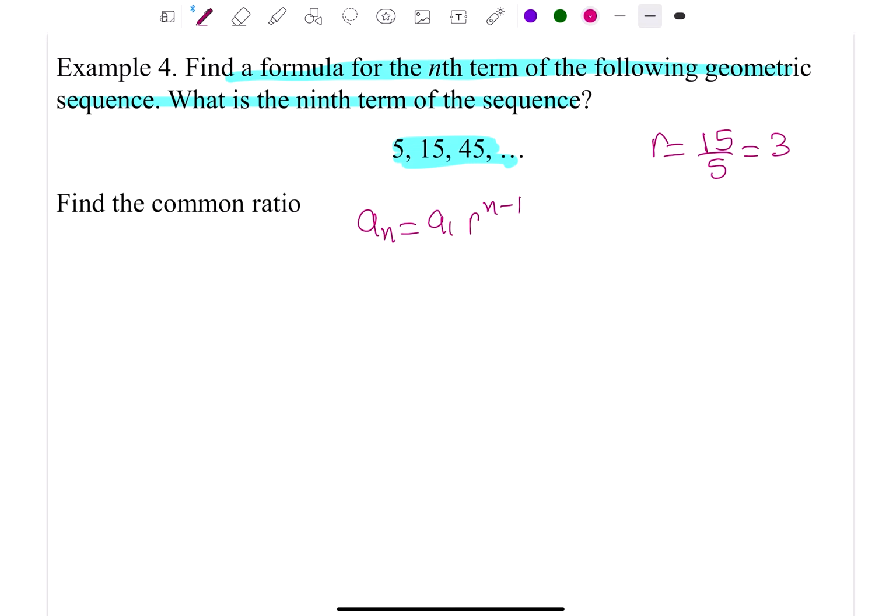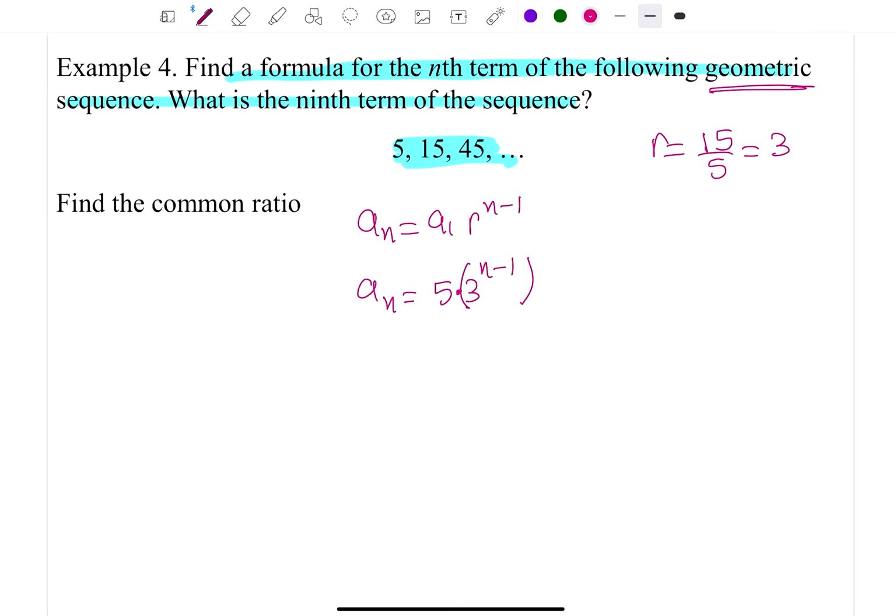We're given that this is a geometric sequence, so we don't need to check. So r is equal to 3. So the formula for the nth term would be a1, 3 to the power n minus 1. Or we can put parentheses around if we want. 5 times 3 to the power n minus 1.